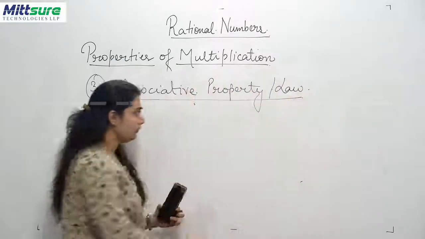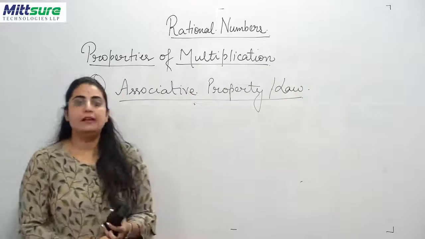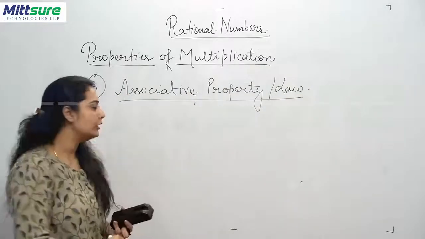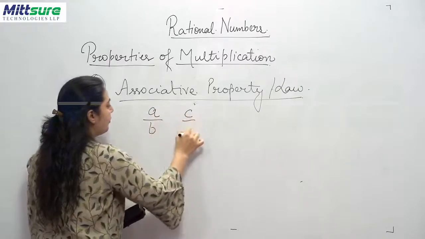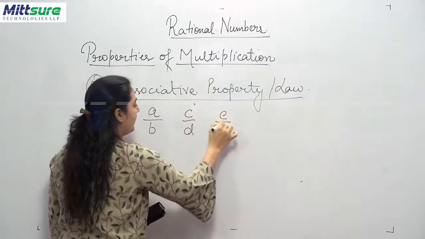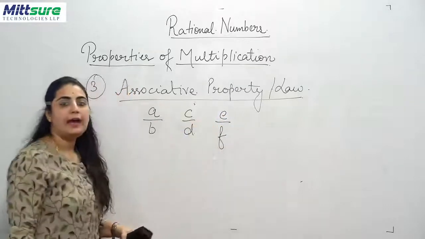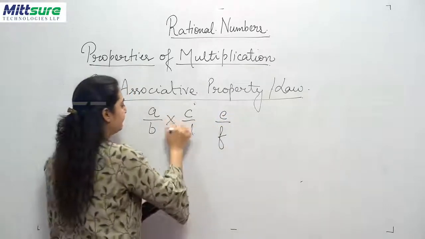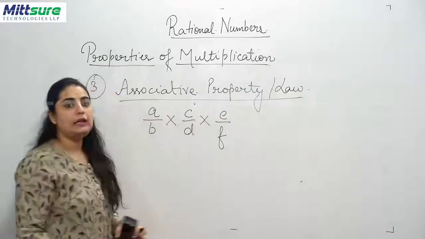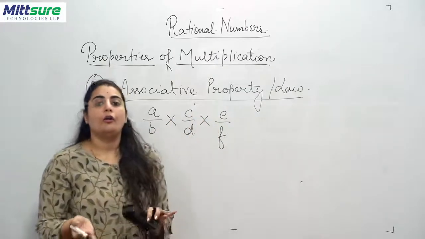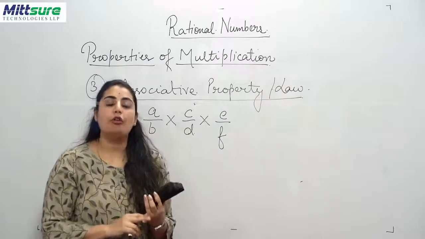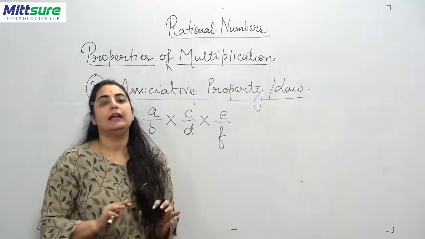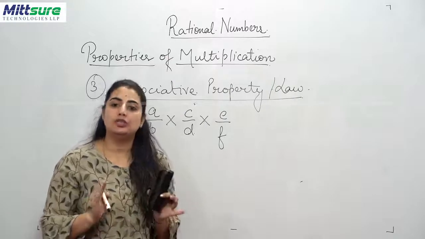Now, this property says if we have three rational numbers, a upon b, c upon d, and e upon f, and we are multiplying them. Now, in whichever order or in whichever group we find the multiplication of these three rational numbers, it is not going to be changed.